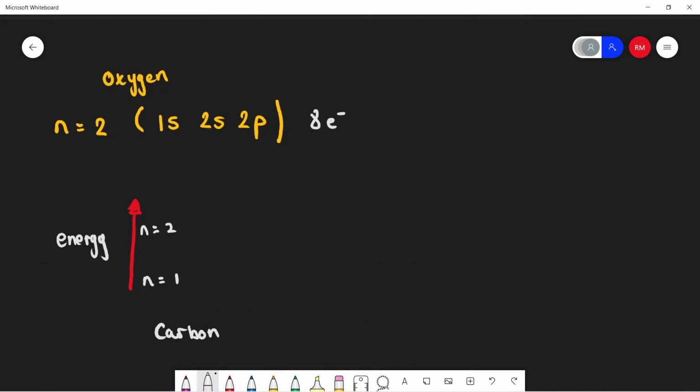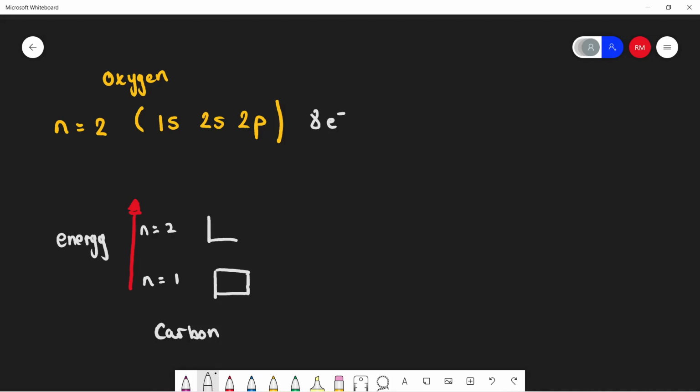So for n equals 1, we only have one subshell, and that is the 1s, and I'll go ahead and draw that here. Now for n equals 2, remember we have the 2s, then we have 3 orbitals for the 2p subshell, right?